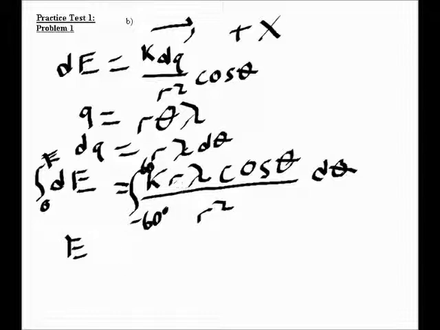K r lambda over r squared are all constants, with one r cancelling out. So E equals k lambda over r. Integral of cosine theta is sine theta.